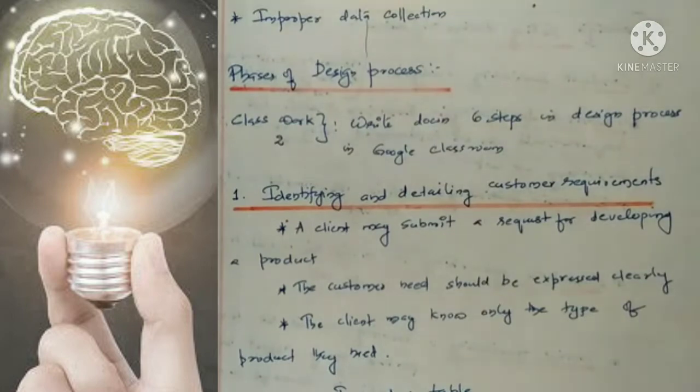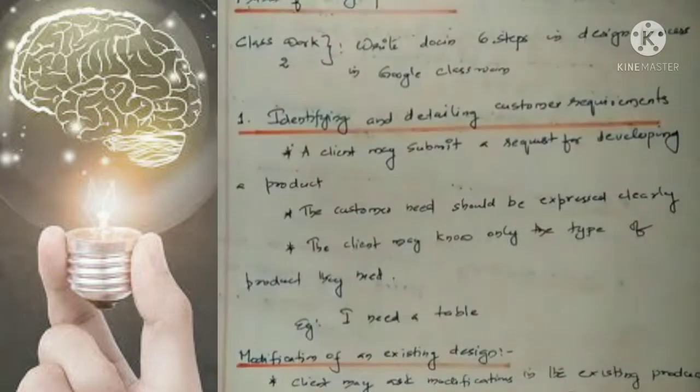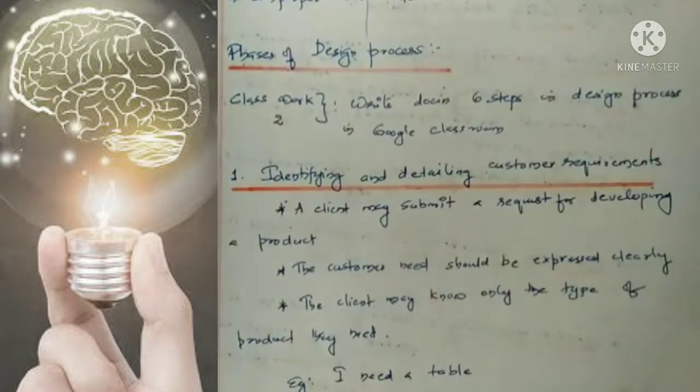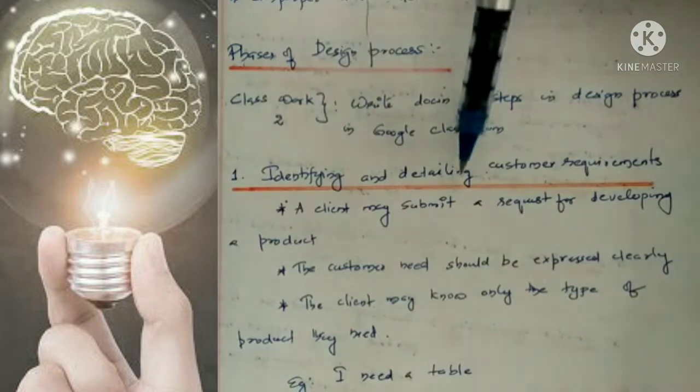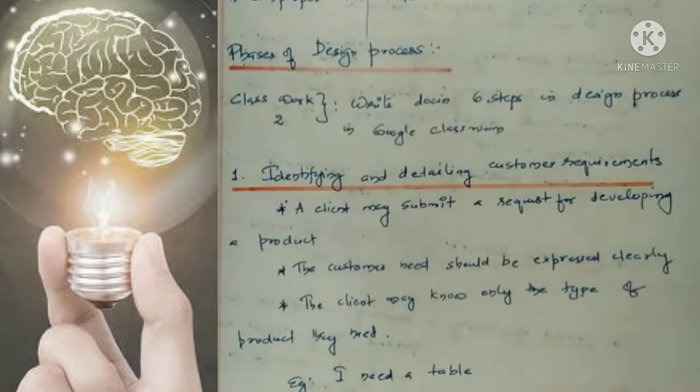Okay, so a client may approach you with a request that I need a table. Sometimes the customer need will be as plain as that. Okay, I need just a table. Then the designer should ask more questions to identify the problem clearly and to get a detailed answer.